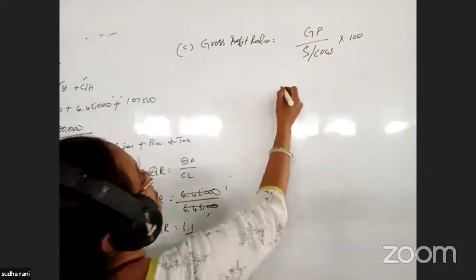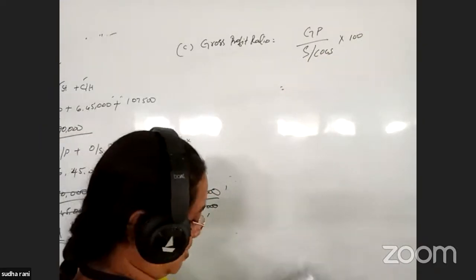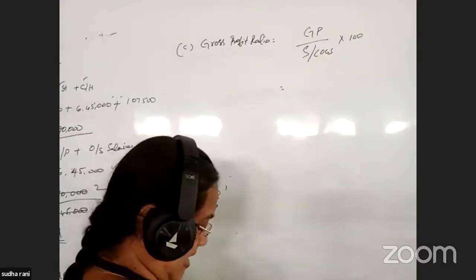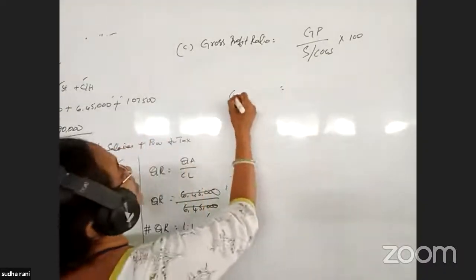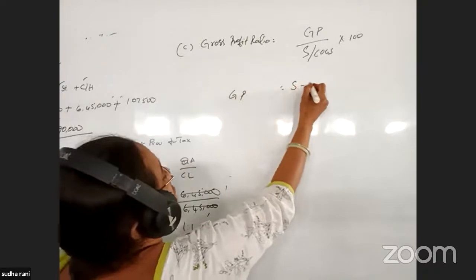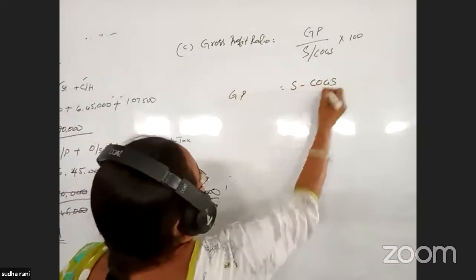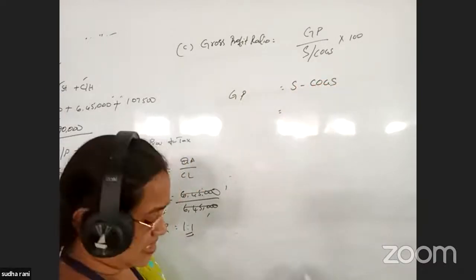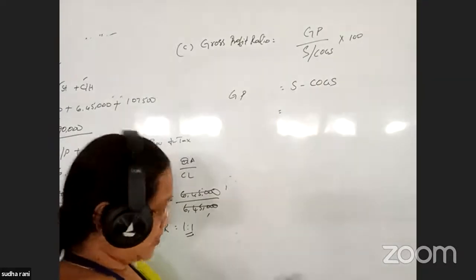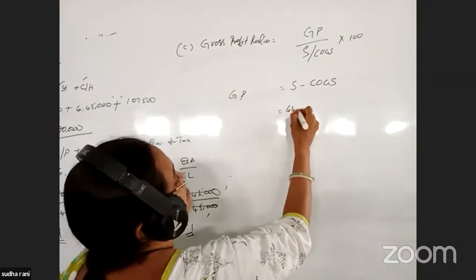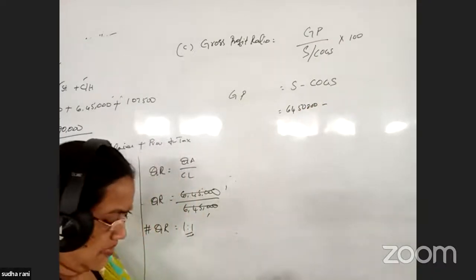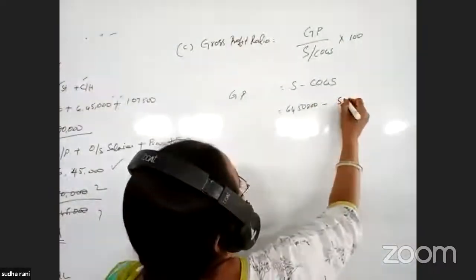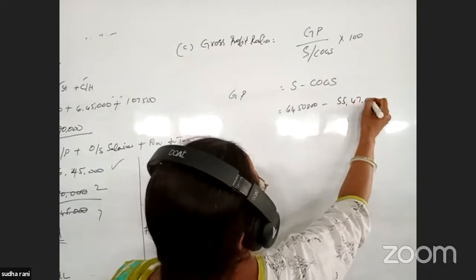Okay. So gross profit. How do you get gross profit? In the question, you have not been provided with the gross profit. So how do we get gross profit? Sales minus cost of goods sold. So sales are given as how much? 64,50,000, minus cost of goods sold given as 55,47,000.